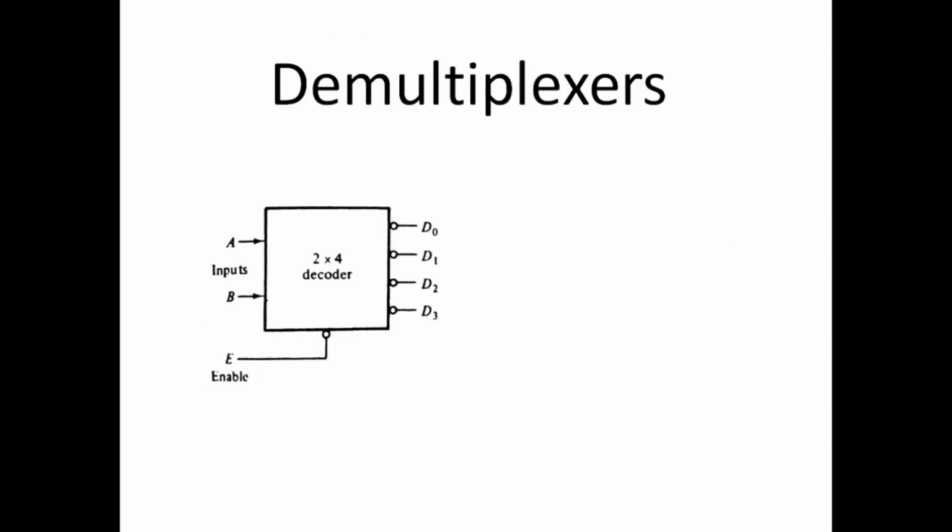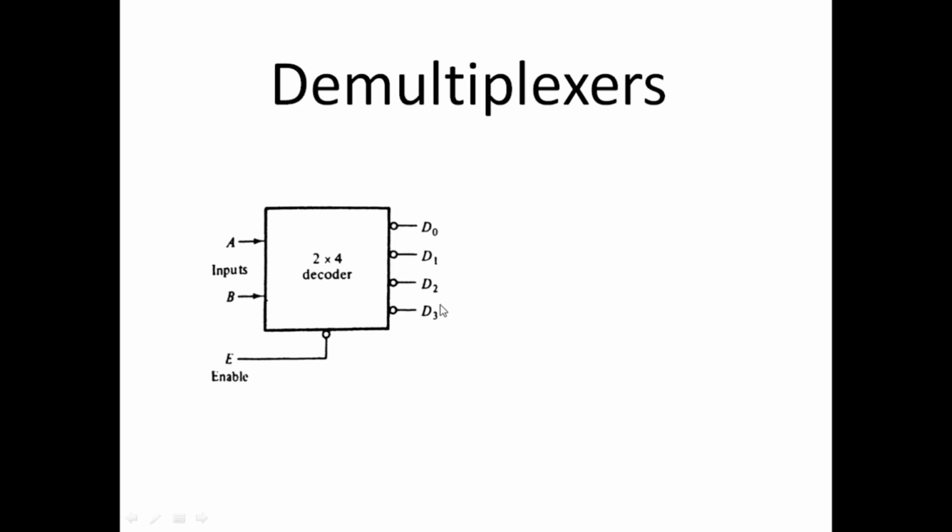Okay, so demultiplexers. This is a 2 to 4 line decoder, and this is the block diagram of that 2 to 4 line decoder. We have two inputs, A and B, and there are 4 NAND gates. In fact, they are AND gates, but the circles are shown here.